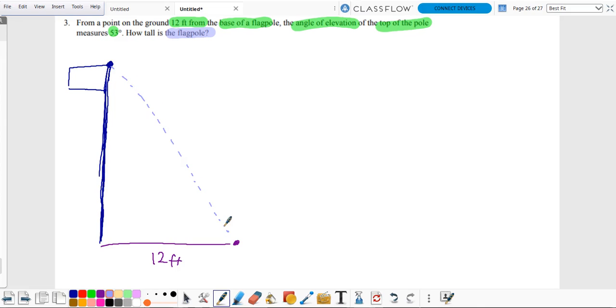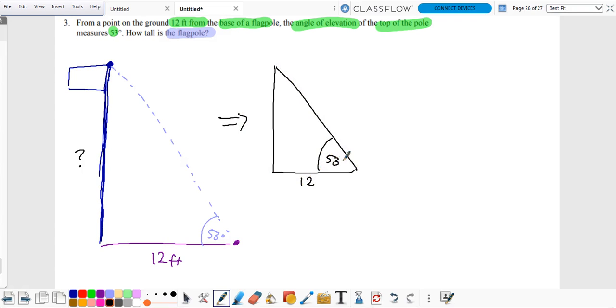So the question here is, how tall is that flagpole? So what is this length? If you wanted to, you could redraw it to take out all the unimportant information, but it looks like this. So this is 12, this is 53, what is x?